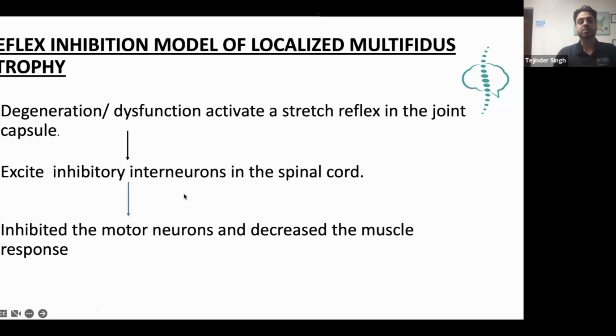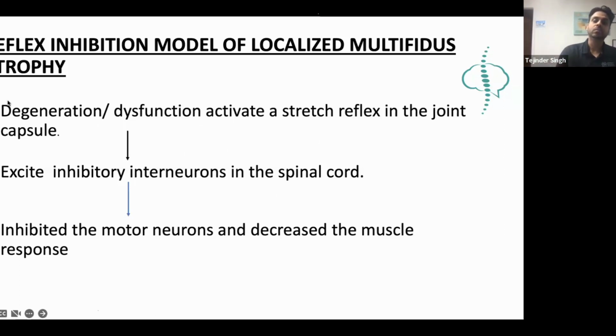In certain studies, they created the pain environment deliberately to see the response in multifidus. They injected saline in the facet joints to stretch the capsule of the facet joint, and it absolutely shut down the multifidus at the same segment, at the same level.